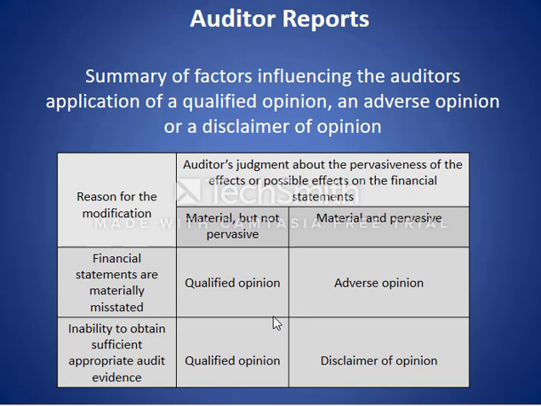As an example, if the auditor concludes that the financial statements are materially misstated, but the misstatements are not pervasive, the auditor is going to issue what we call a qualified or an "except for" type of conclusion.